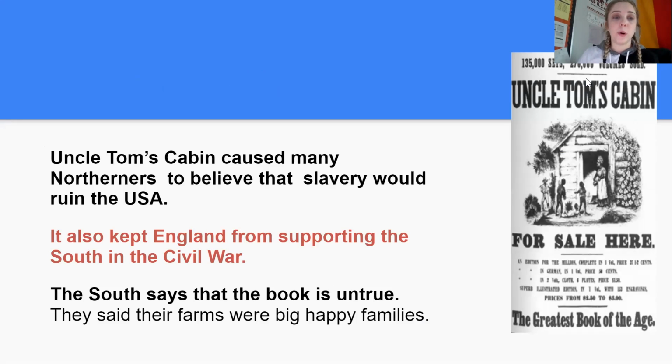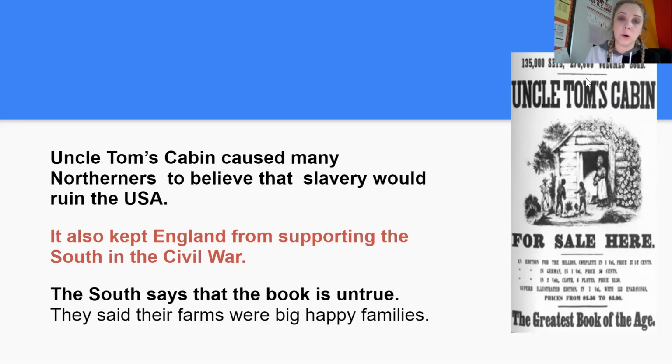And so a lot of the North was like, we cannot be practicing slavery. It will ruin the institution of America itself. And so we do not stand behind slavery. This book also kept England from supporting the South during the Civil War. So remember that the cotton industry was not only supported by the North, but it was supported by England.